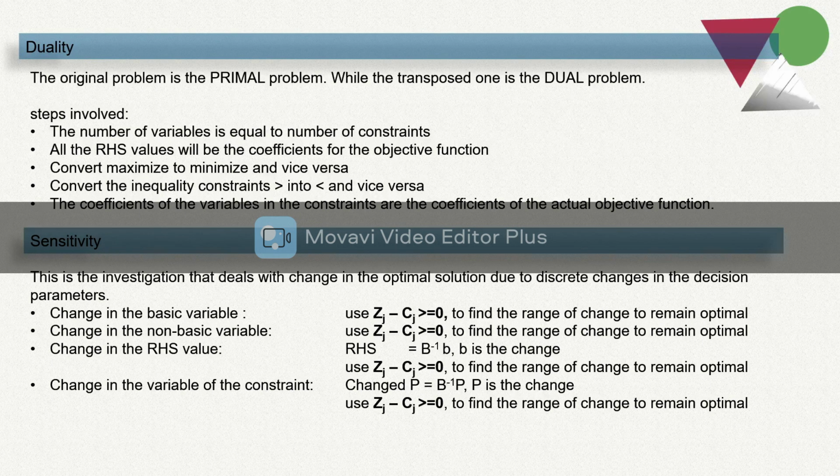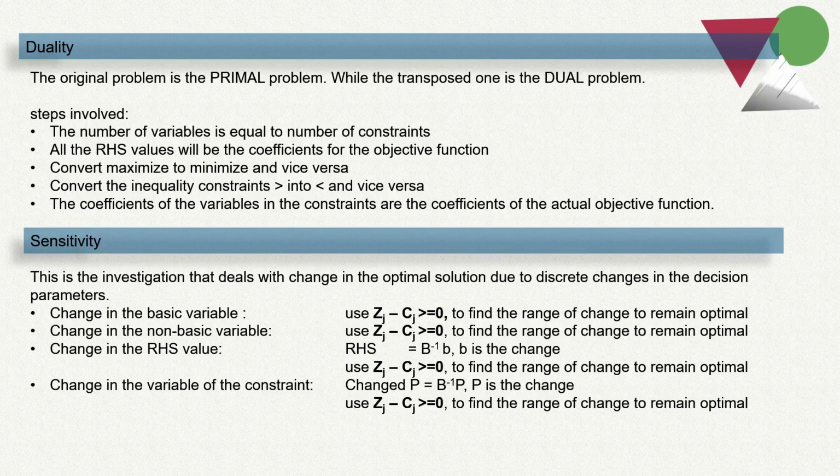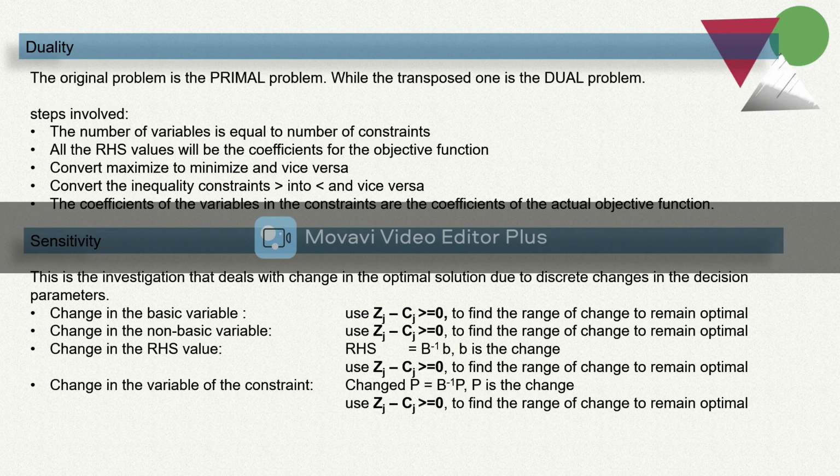And when there is a change in the variable of the constraint, the change P bar equals B inverse P, where P is the change, use Zj minus Cj greater than or equal to 0 to find the range of change to remain optimal.